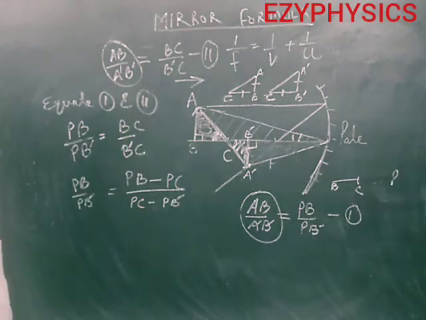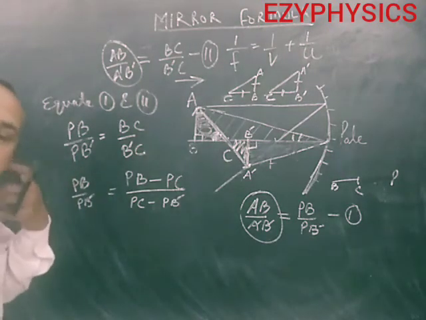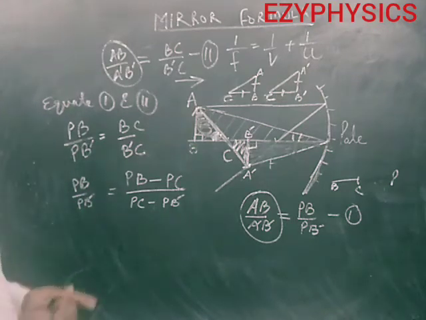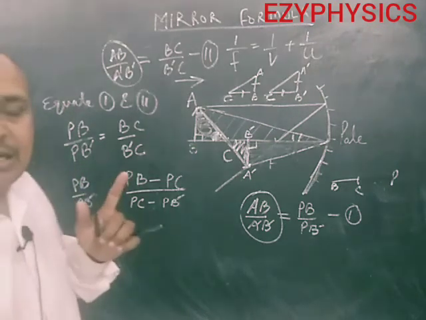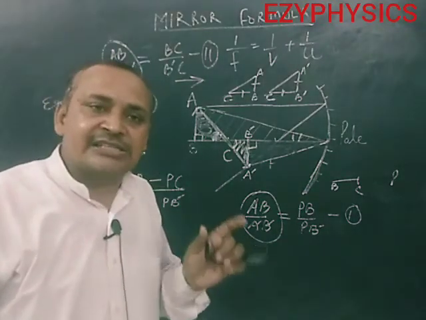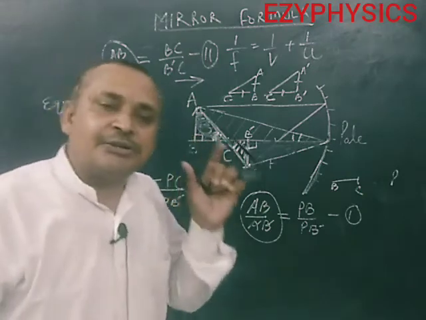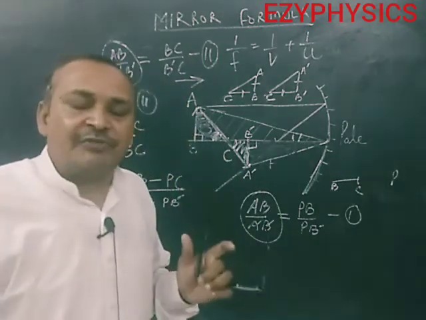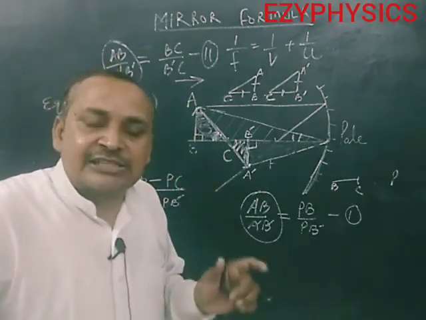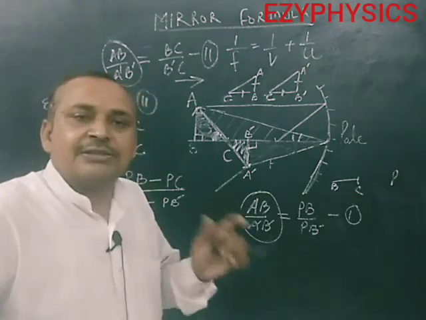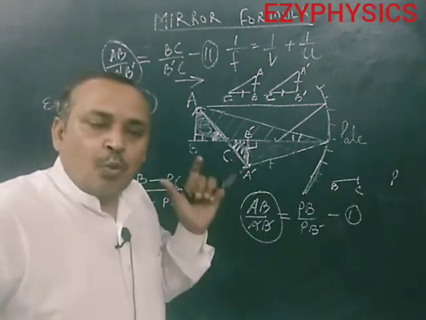Now we are going to apply the sign conventions, because you all know what we represent as the distance of the object. Very good, it is u. What we represent as the distance of the image, again shabash, v. What is f?